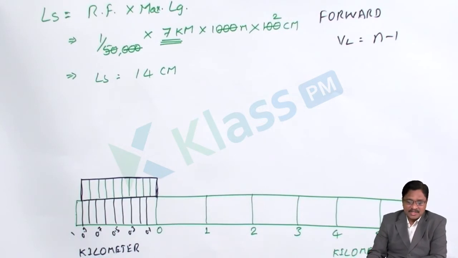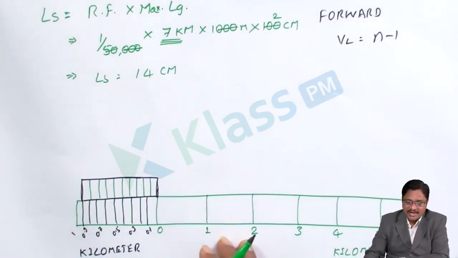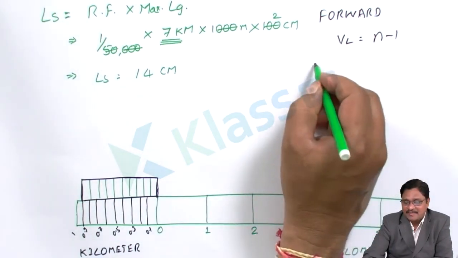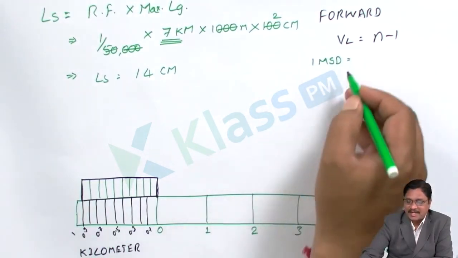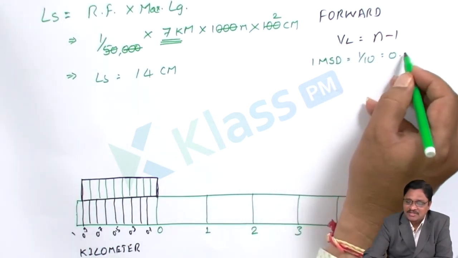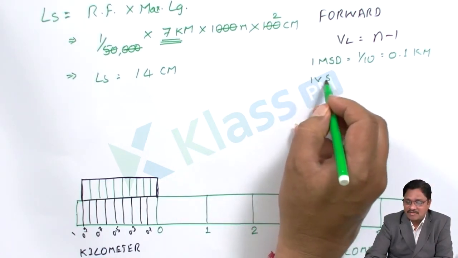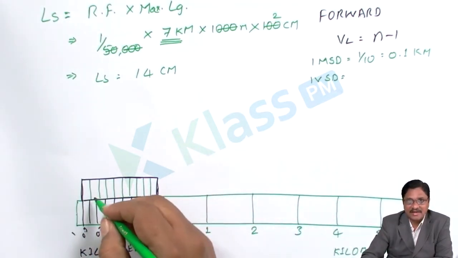After that, you have to write the respective values same as the previous case. How to write them? You have to give the supporting calculation. 1 MSD equals how much? 1 divided by 10, so you get 0.1 kilometer. 1 VSD equals the number of vernier divisions, how many we considered? 9 divisions.